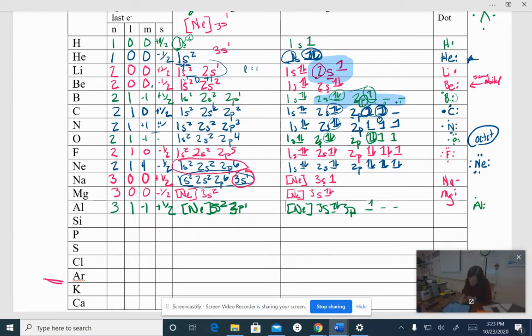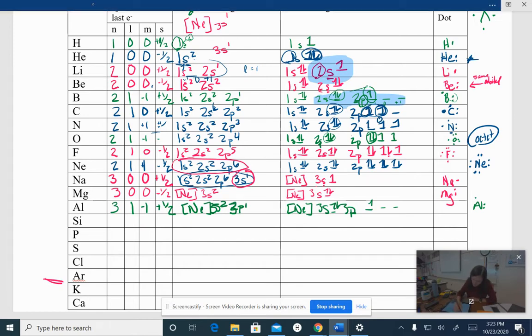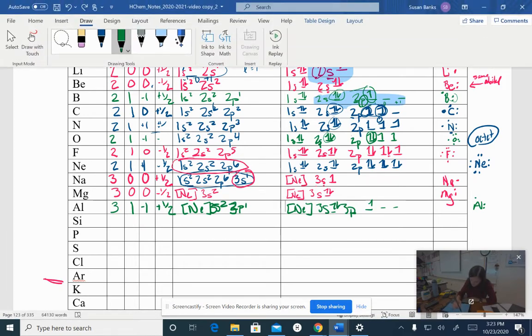Our quantum numbers, third energy level, it's a p orbital, so our l equals 1. It's the first orbital, so it's m sub l equals -1, and it's an upspin, +1/2.